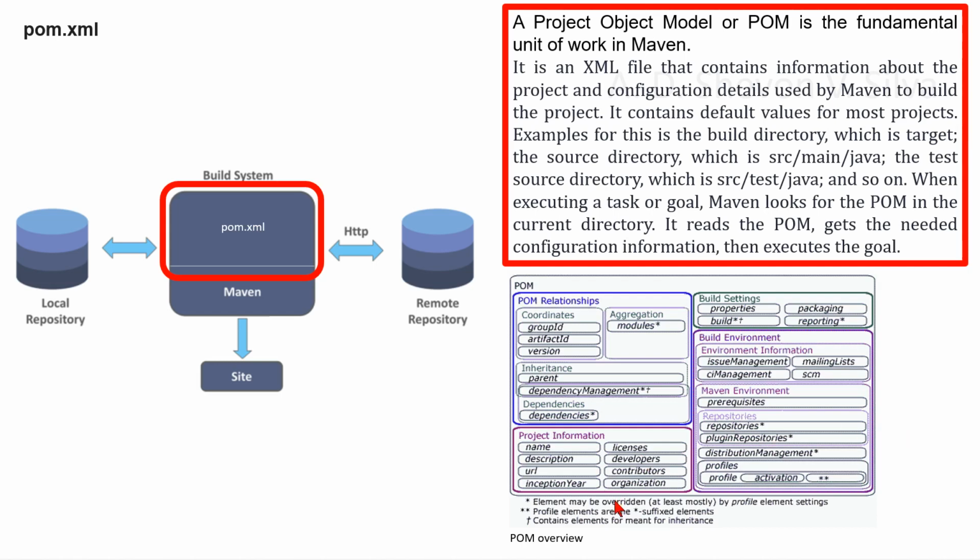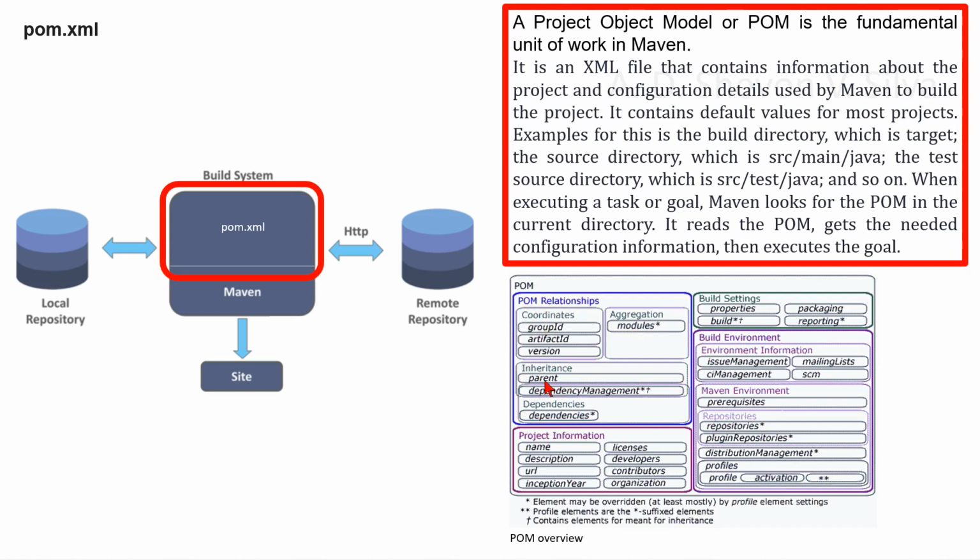Here you can see POM, and you can see POM relationships. Under that you can see coordinates. Under that you can see group ID, artifact ID, and version. You can see aggregation, and you can see modules under that, and you can see inheritance under POM relationships.